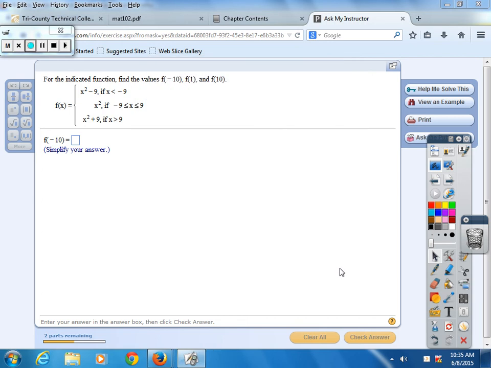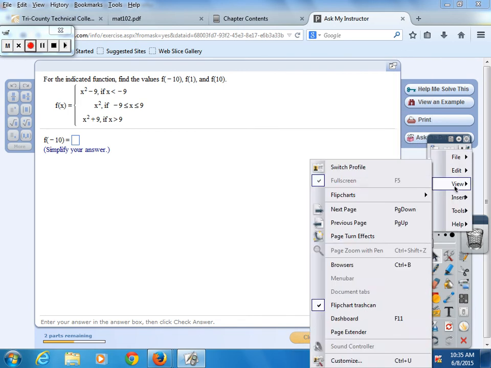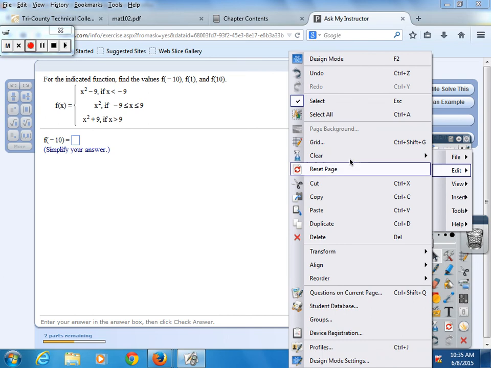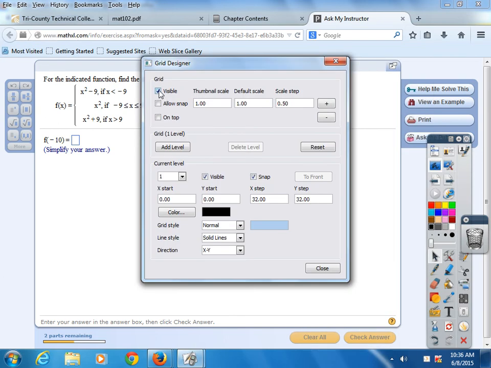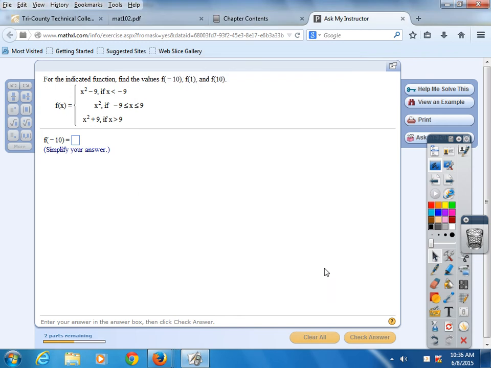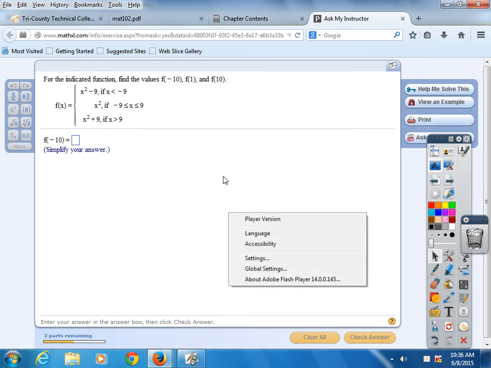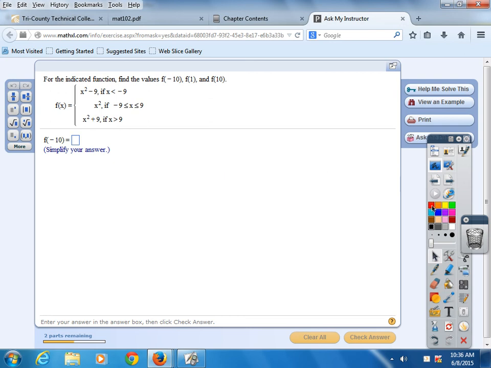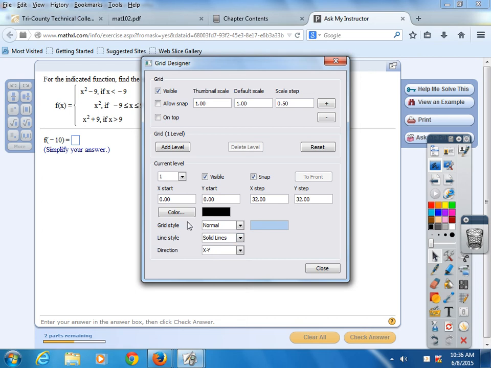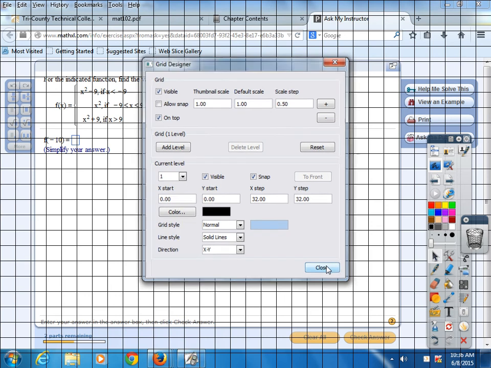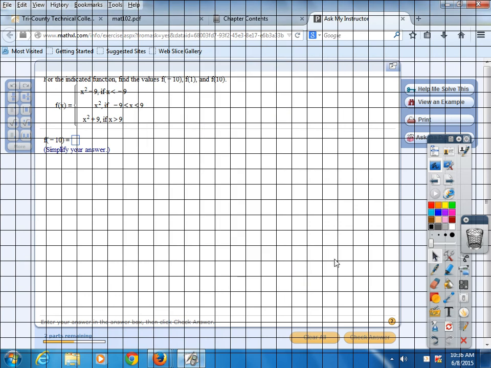Okay, evidently it's not going to let it do it on the transparency. Had to put it on top. All right, so I'm just going to draw a graph.